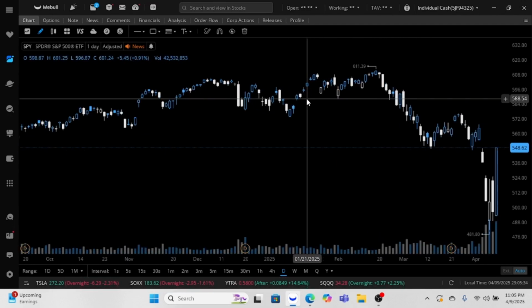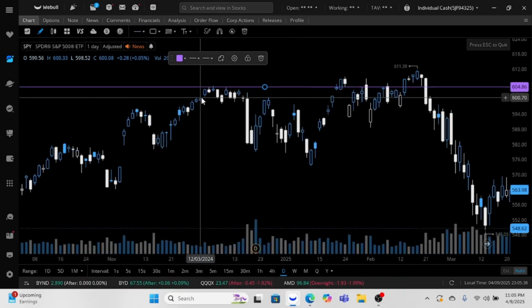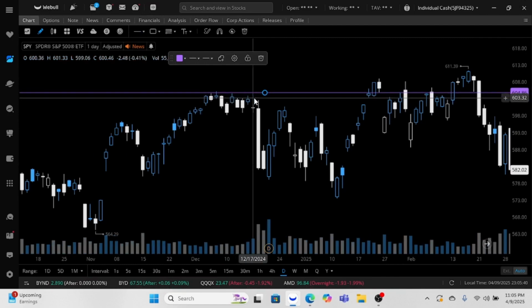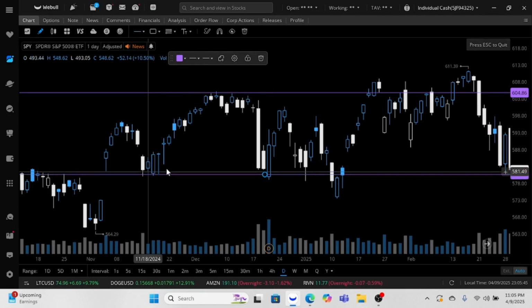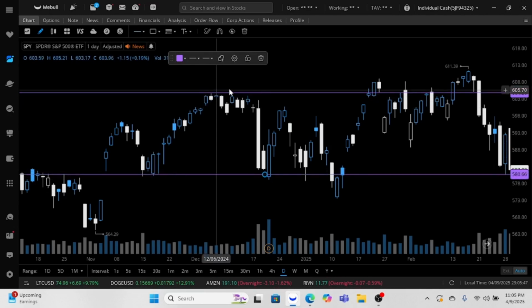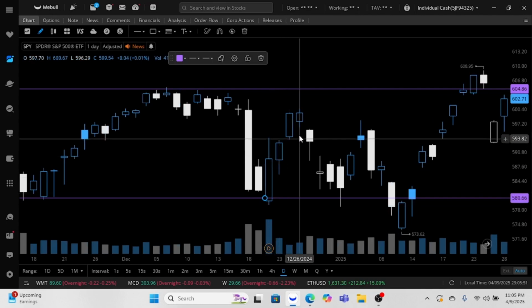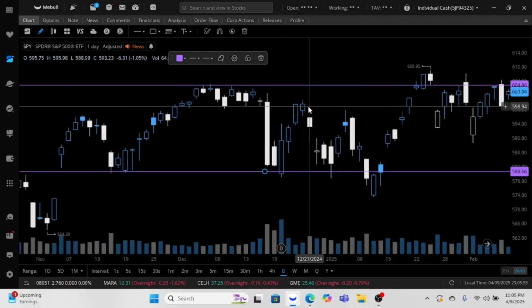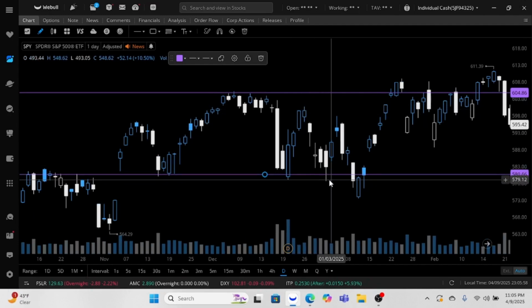Well, who knows? Let's take a look at right here. What is this? Obvious level of liquidity. So price comes down, dips just below that, comes back up, dips just below this low.